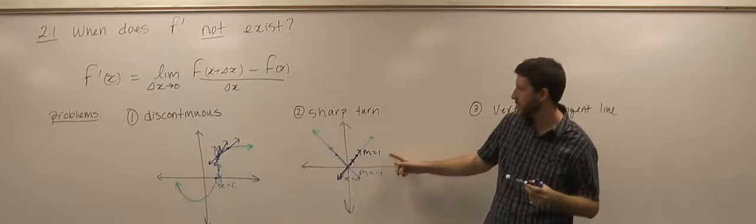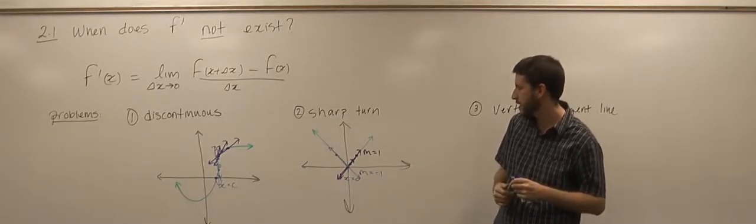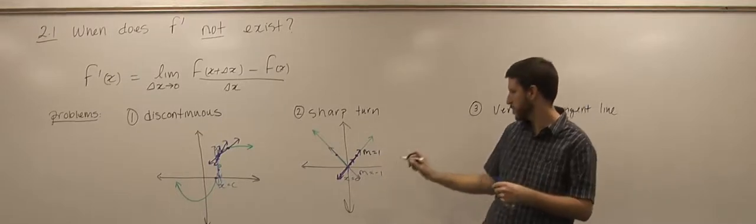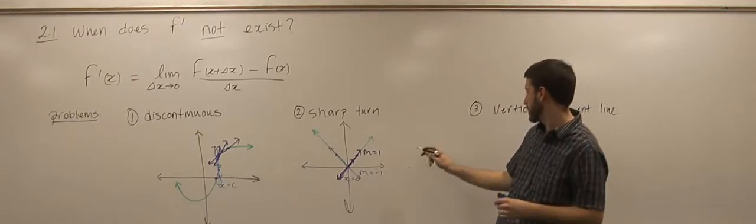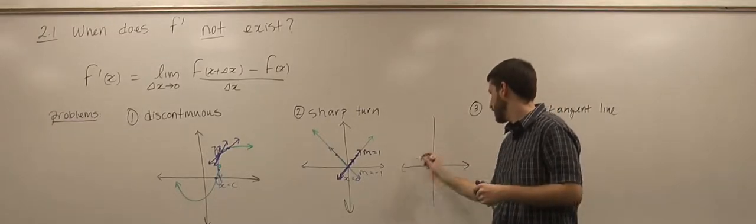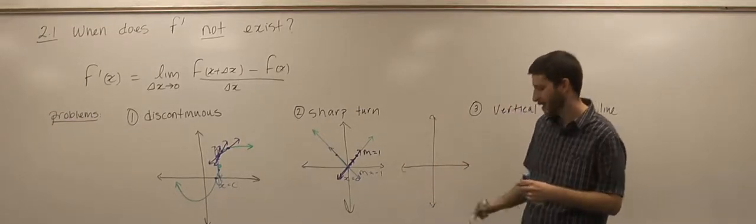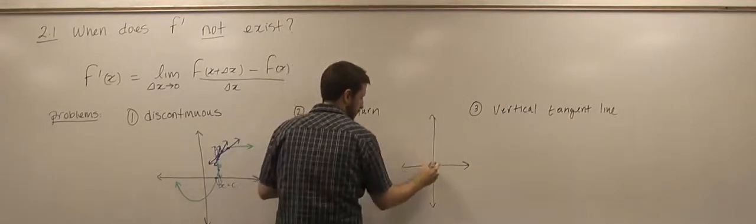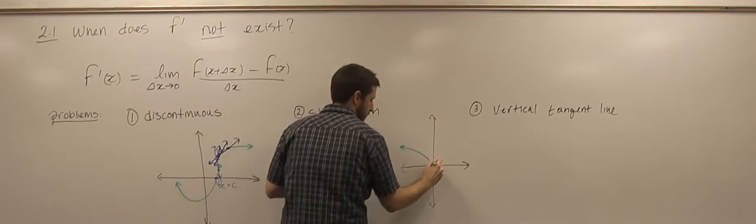Another example of this, other than absolute value, is something like... do you guys know another example? It was on your first quiz, I think. Oh, the cube root of x squared, x to the 2/3.